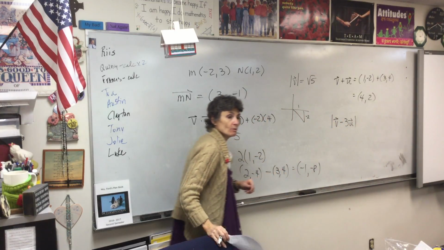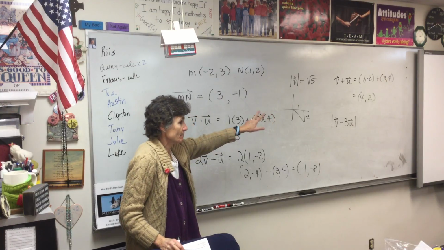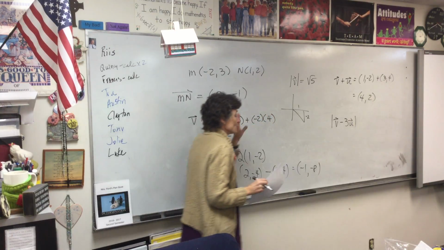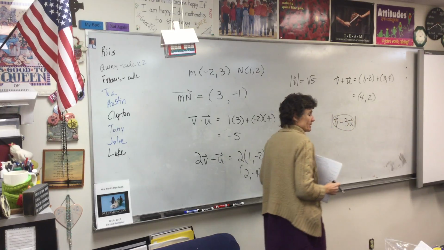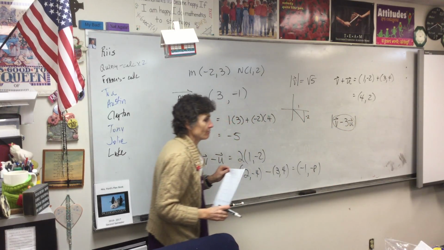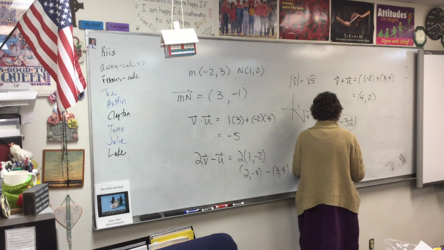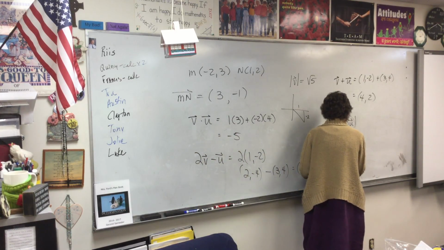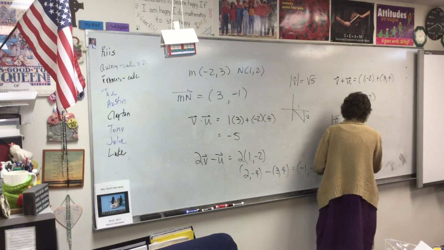Now, what do those absolute value things mean? Magnitude. Don't worry about those. Do this first. Figure out inside first. So V minus 3U. So that's going to be 1, negative 2 minus 3 times 3, 4.